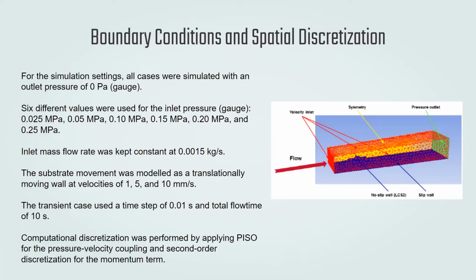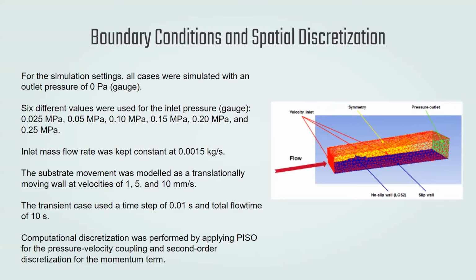The inlet mass flow rate was kept constant at 0.0015 for each case, whereas the substrate movement was modeled as a translationally moving wall at velocities of 0.5 and 10 millimeters per second. A transient case is also simulated in this research, where they use a time step of 0.01 second with a cumulative total flow time of 10 seconds.